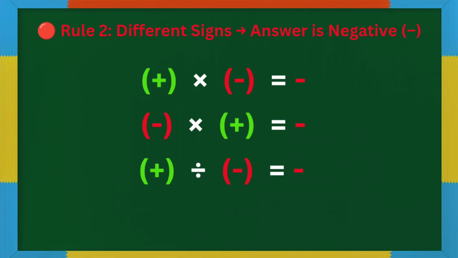The second division rule is when you divide a negative number by a positive number, the answer is always negative. We can say that minus divided by plus is equal to minus. So remember, when the signs are different, the answer is always negative.